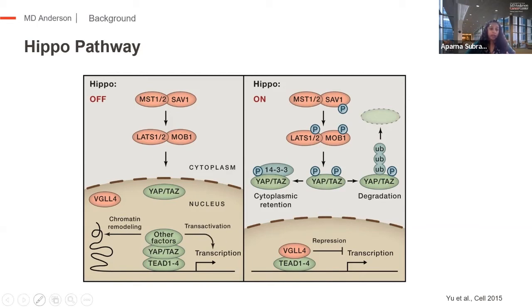Whereas when the Hippo pathway is in the off state, as you see in the left panel, there is no phosphorylation of YAP and TAZ, resulting in YAP and TAZ translocating to the nucleus, which then regulate the activity of several transcription factors, leading to expression of Hippo target genes that are involved in cancer development and progression. So Hippo signaling is a complex tumor suppressor, and its deregulation is a key feature in many cancers.